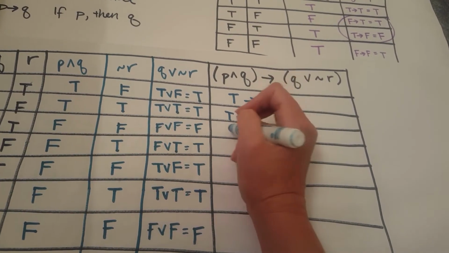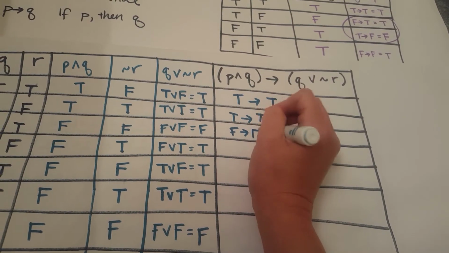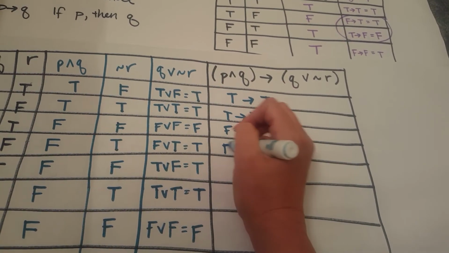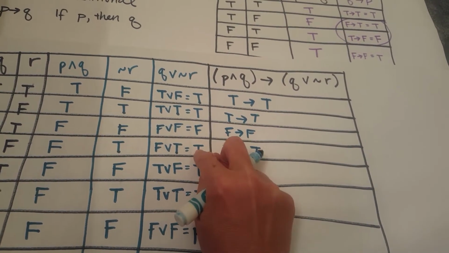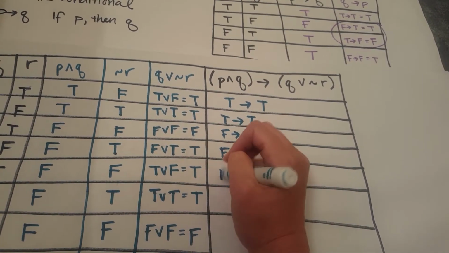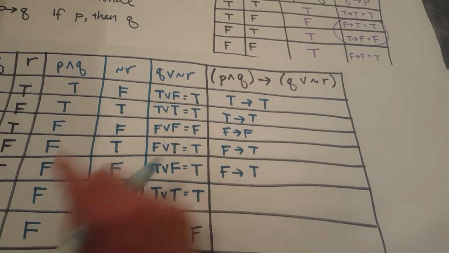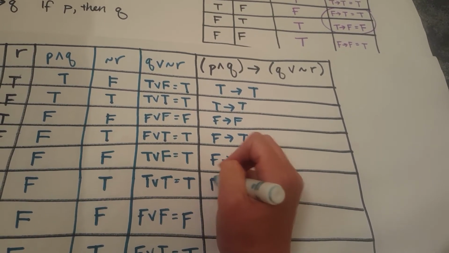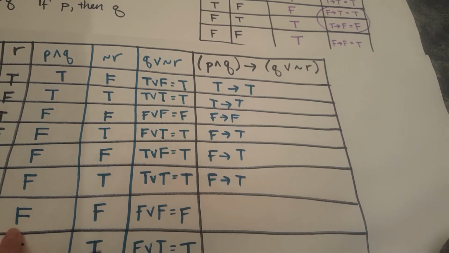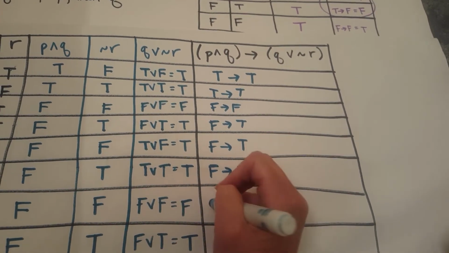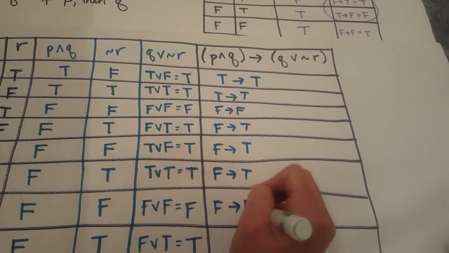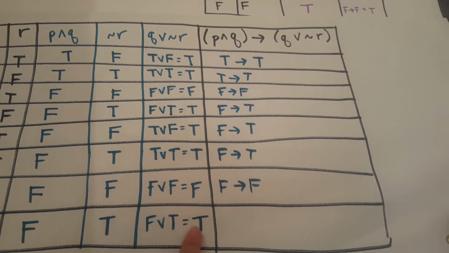False, then false. False, then true, false, then true, false, then true, false, then false, and finally false, then true.